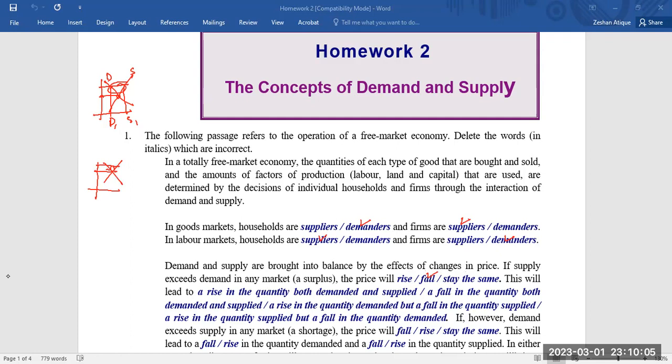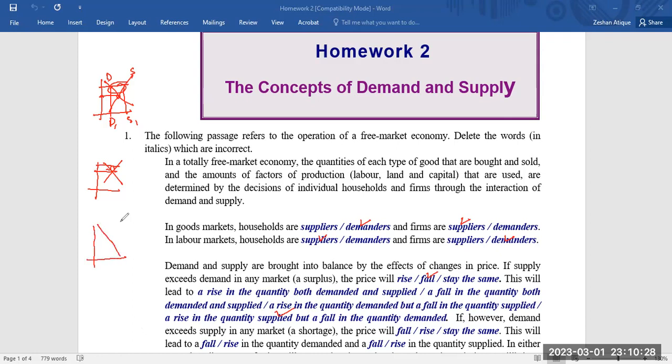This backward and forward movement brings the market back to the equilibrium. So the third option is the correct one: a rise in the quantity demanded, but a fall in the quantity supplied. If, however, demand exceeds supply, you might have a situation like this.